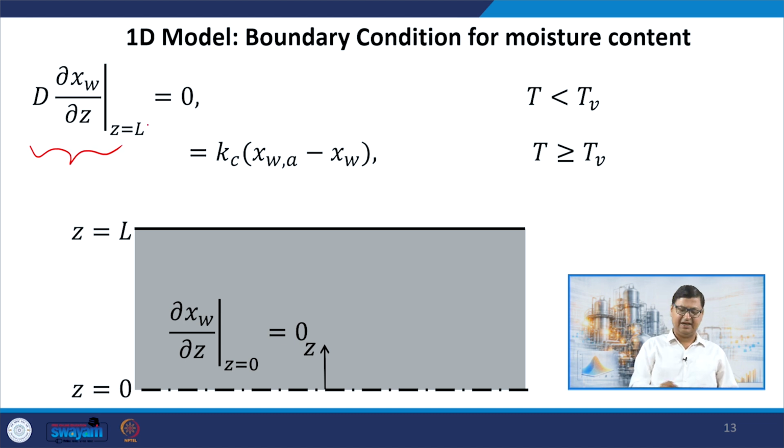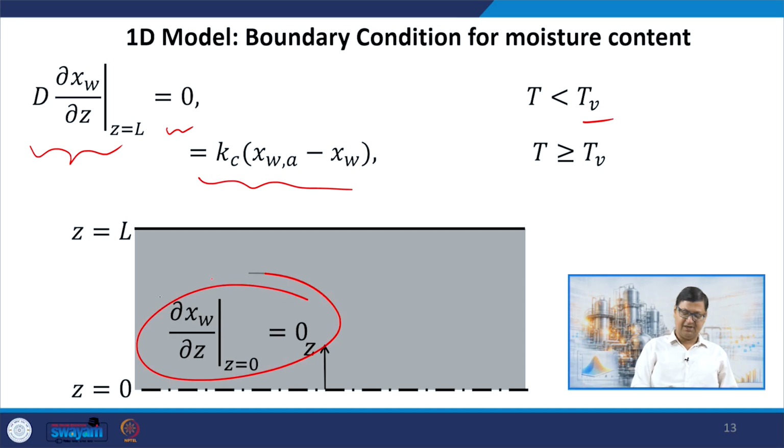And the left hand side, right hand side is as we had, and again we have two conditions for T less than Tv and T higher than or equal to Tv, and at the center line again we have the symmetry condition, but now for the moisture content.